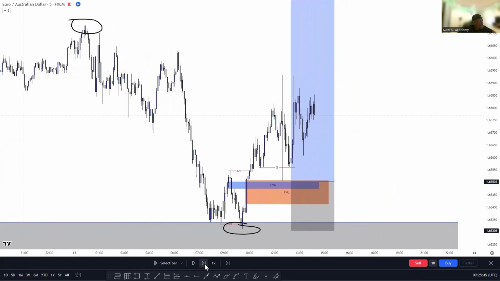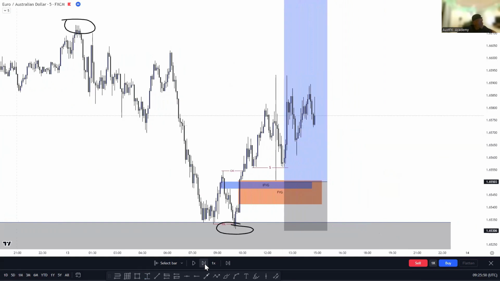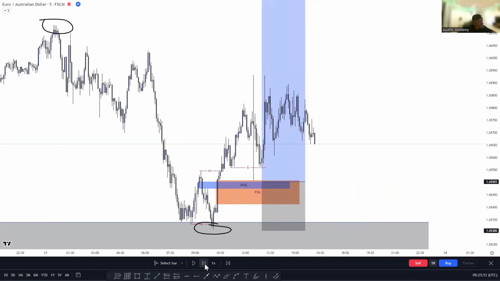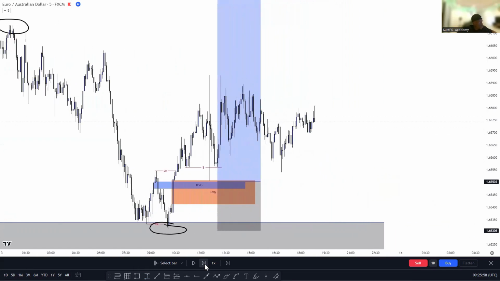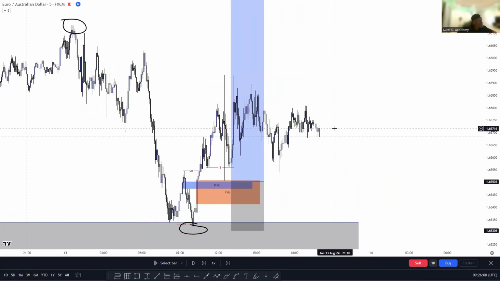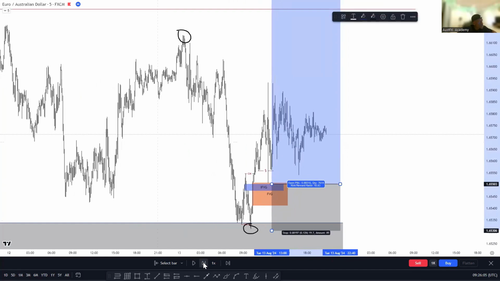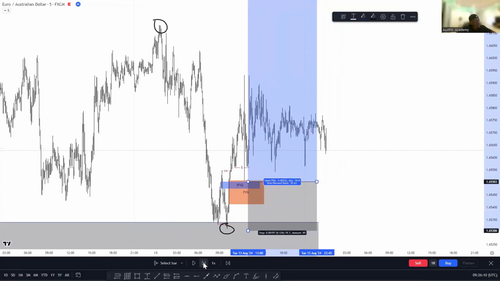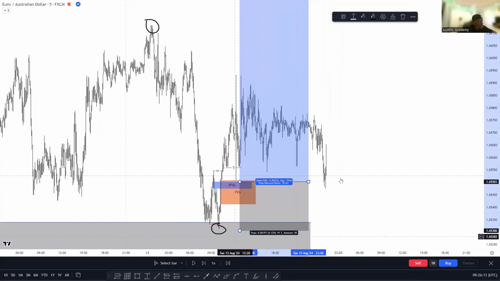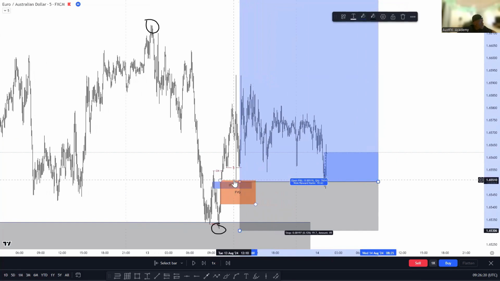So here we see price came all the way down here, mitigated our entry. I think finally price came all the way down to mitigate our entry here.